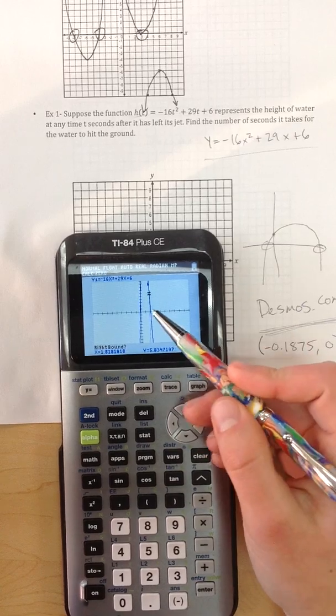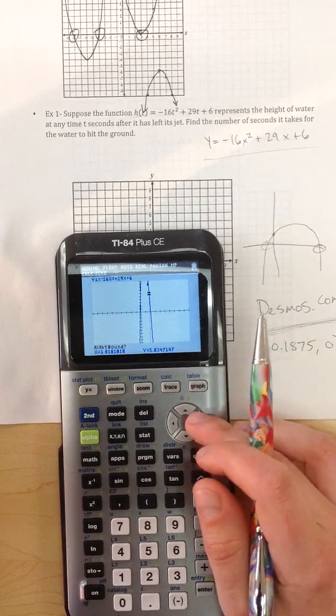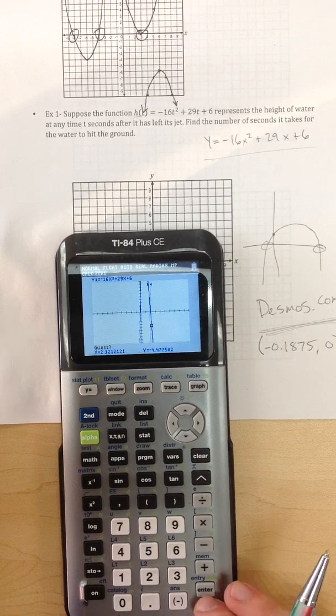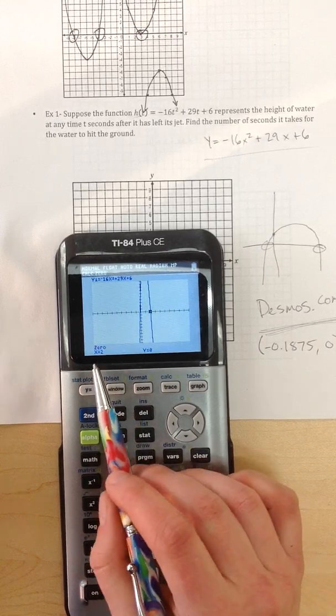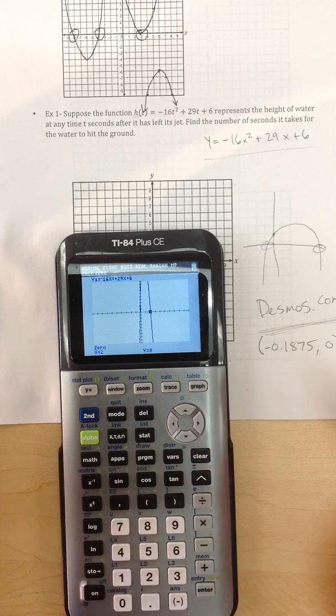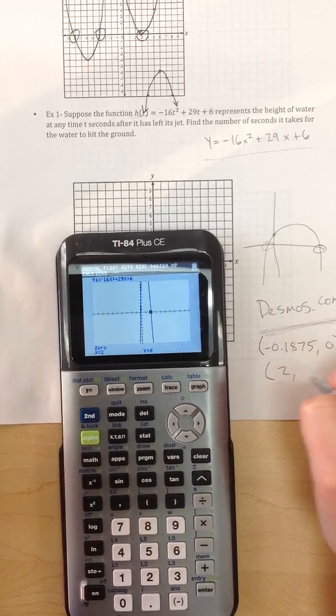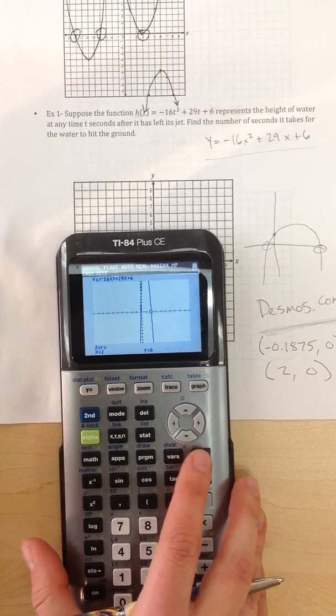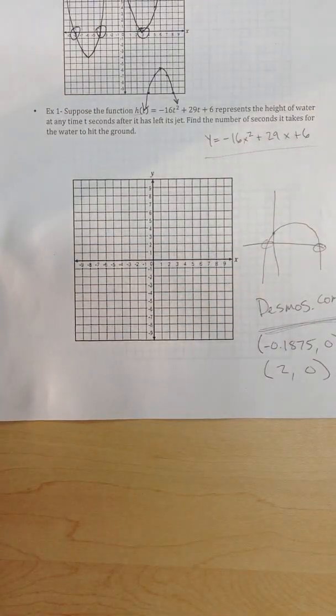Now I want to be on the right side of that point, so I go down below here. Click enter again, and then it finds a spot in the middle there, where x is 2 and y is 0. So 2, 0. Those would both be solutions to this parabola.